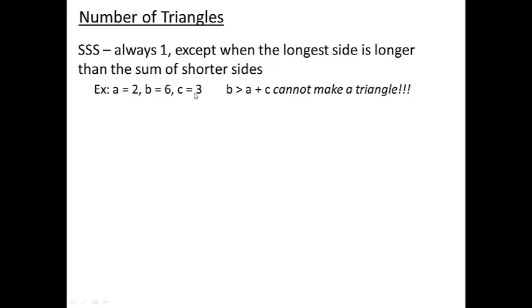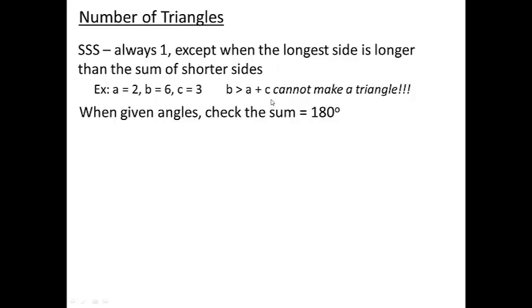The two shorter sides are 2 and 3. And 2 plus 3 is too short for the 6. I think of the longest side as like a chaperone. If the chaperone keeps the two shorter ones from touching each other, then you cannot have a triangle. Okay? Hope that makes sense.